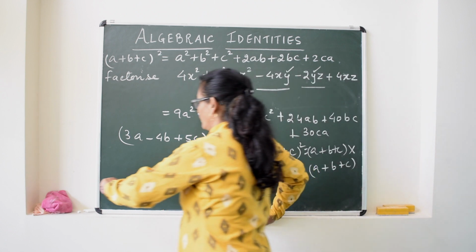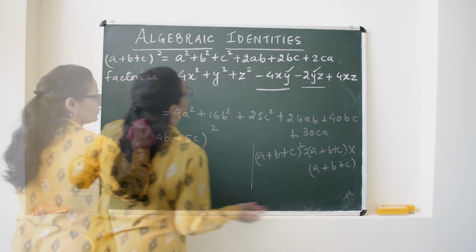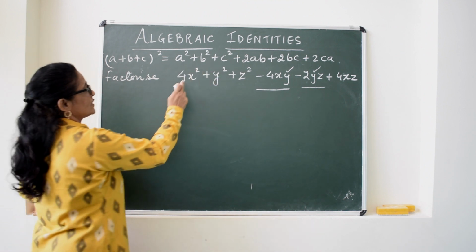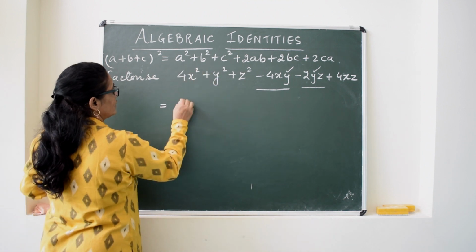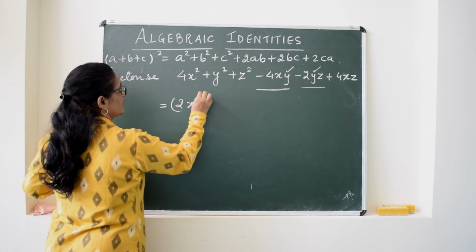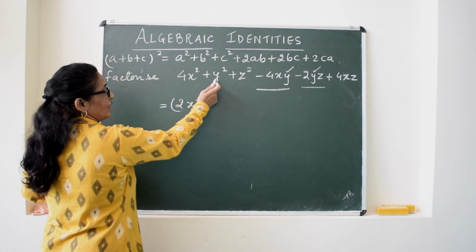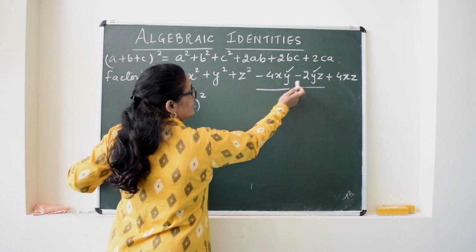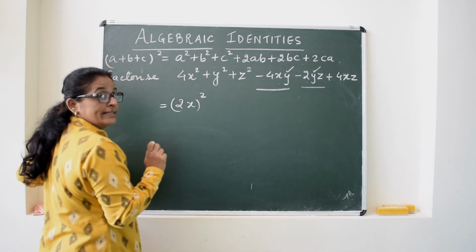Now let's see how we will write the factors. The first three terms are always squares. So first we will write 4x square is a square of 2x. Now this y square is a square of y. But we can see here in these two terms y is negative.